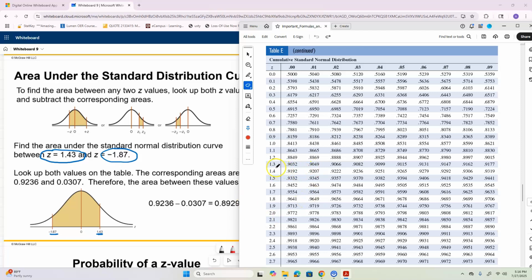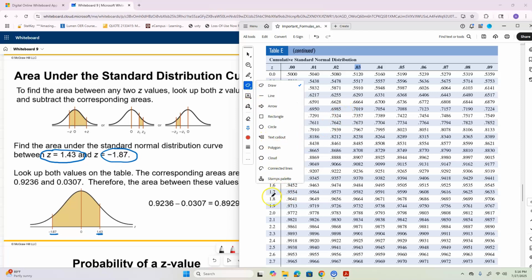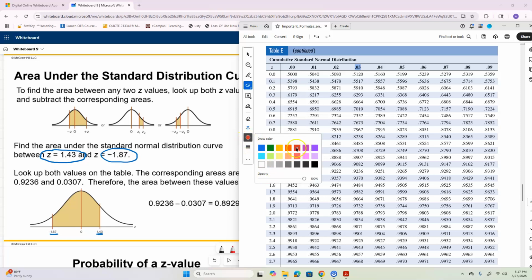So we're going to go to 1.4, and then we want 3. So that's this column right here. Then we follow it in and down. So 1.43 gets us right here. Our value for the 1.43 is 9236.